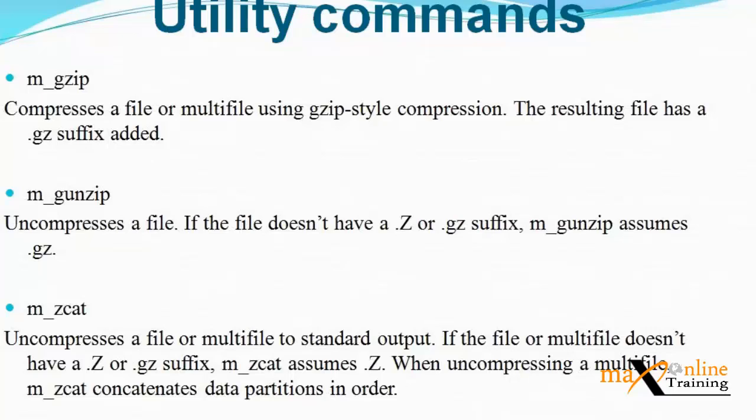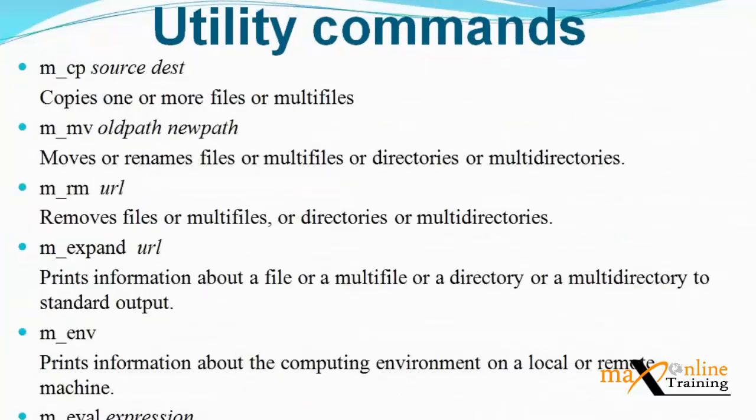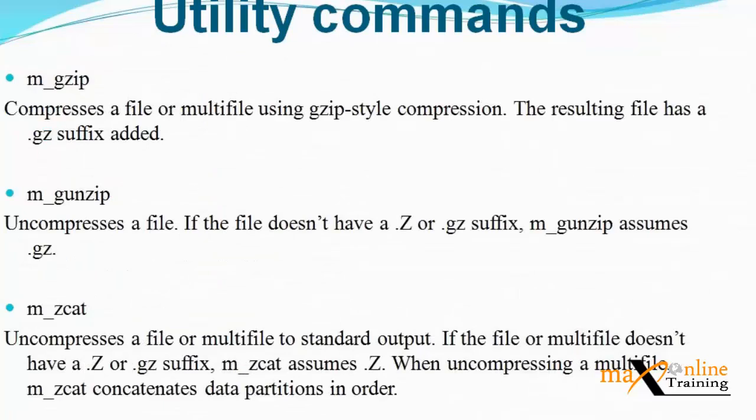You can guess it, like the m_ movement commands. The new commands which you need to keep in mind are m_env and m_eval. These are the new commands from the multi system. The rest are just counterparts from the Unix file system. Okay.